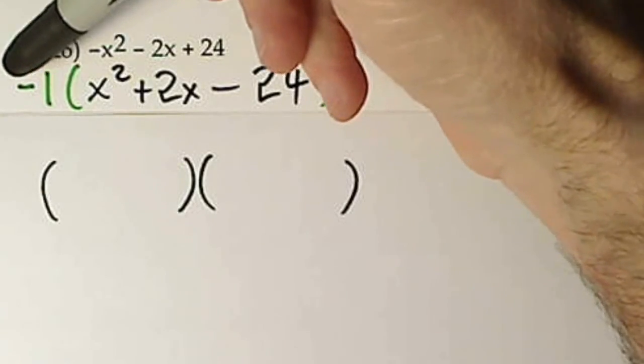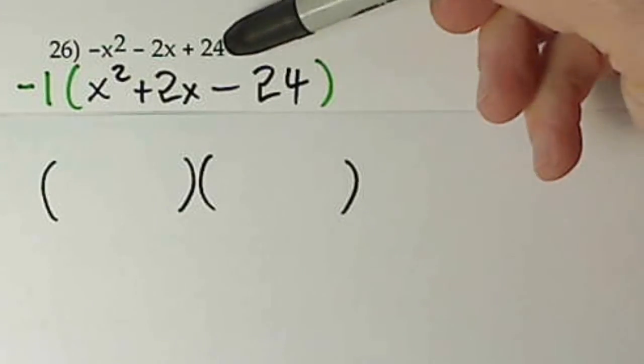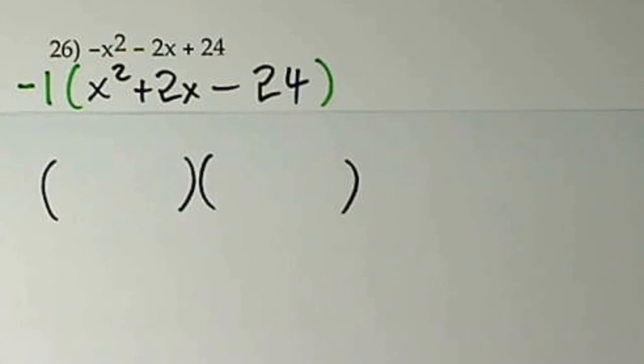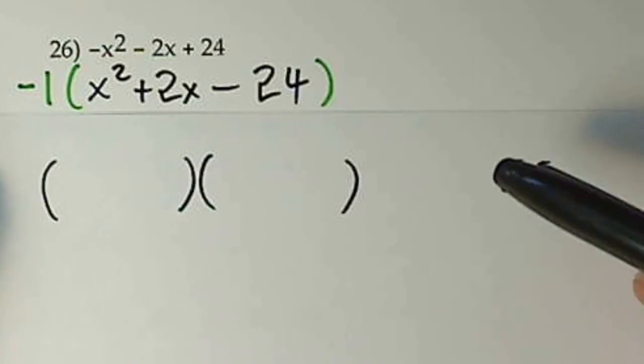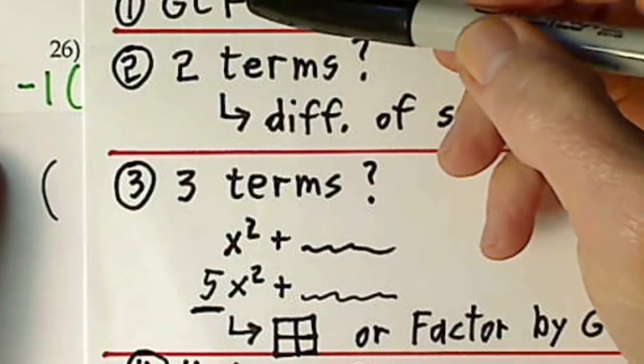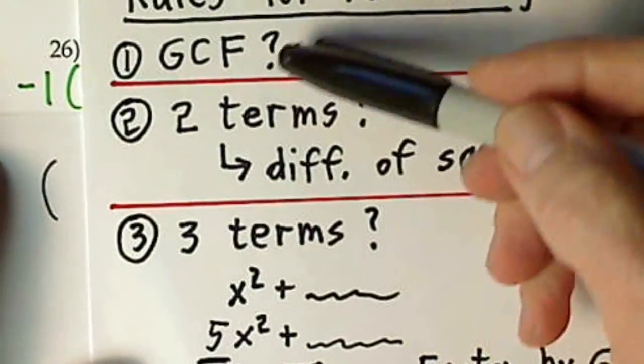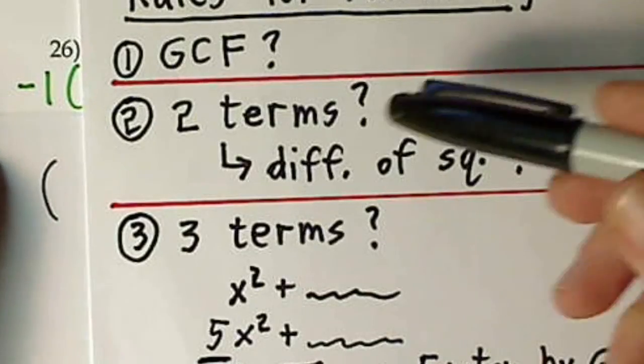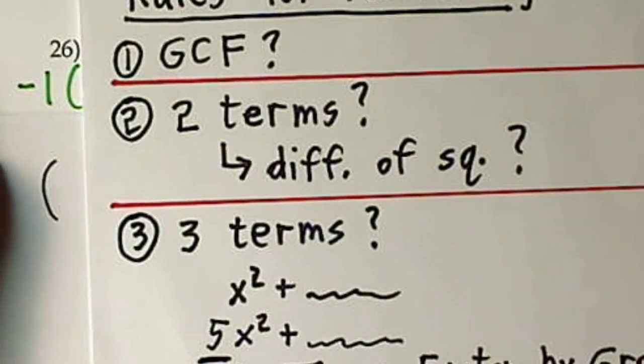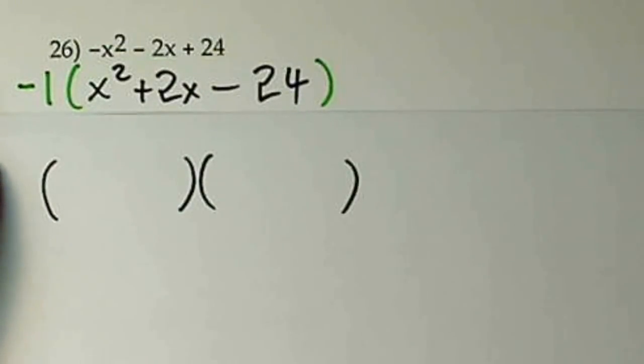Whatever you've factored out, if I was to send it back in, I would get right back where I started. Okay, so now proceeding down my list, I factored out a GCF, well, sort of. I got rid of the -1. And I have 3 terms with nothing in front of x squared. So I just grabbed the last term, that 24.